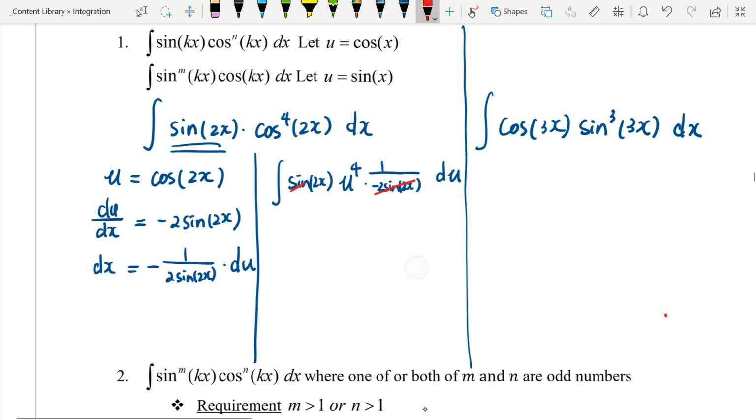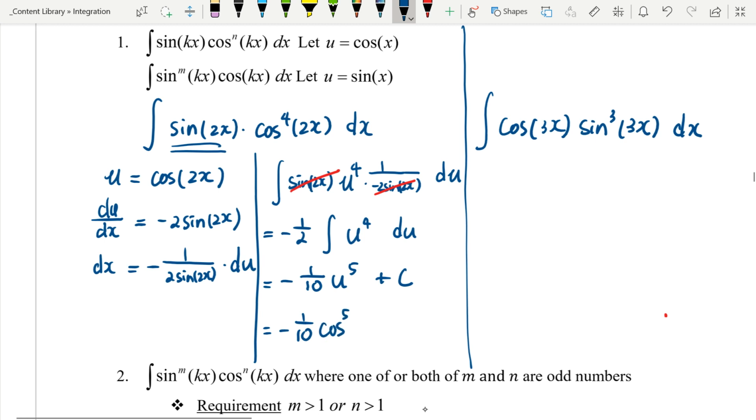The sine 2x and the sine 2x get cancelled. What we're left with is negative a half of the integral of u to the power 4 du. And that's minus 1 on 10 u to the power 5 plus c. U is cosine 2x, so that's minus 1 on 10 cosine to the power 5 of 2x plus c.